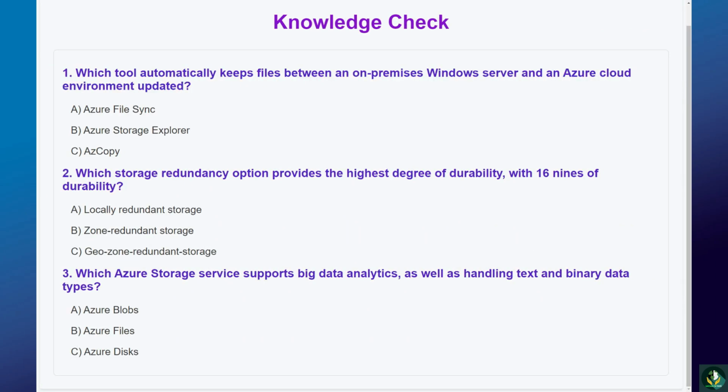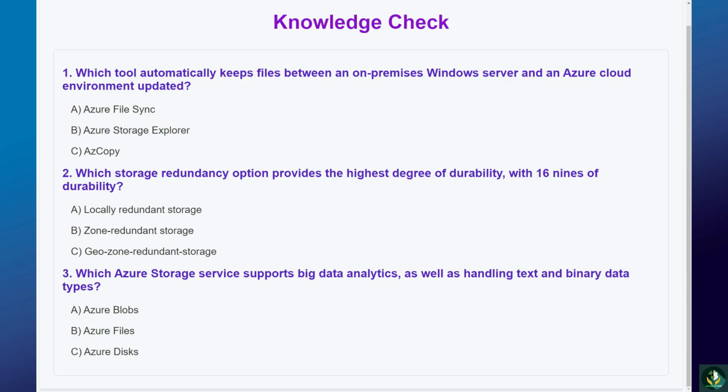Let's have a quick look at knowledge check questions, along with correct answers and explanations. Which tool automatically keeps files between an on-premises Windows server and an Azure cloud environment updated? Correct answer: A. Azure File Sync. Explanation. Azure File Sync is designed to synchronize files between on-premises Windows servers and Azure cloud storage.